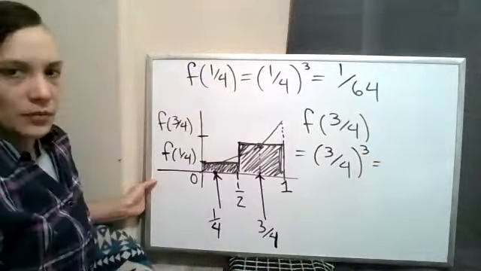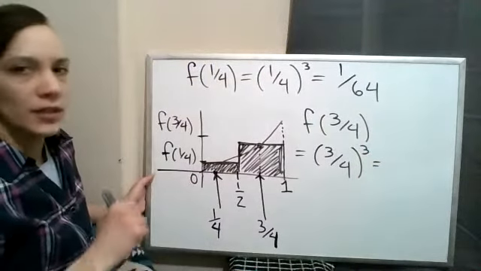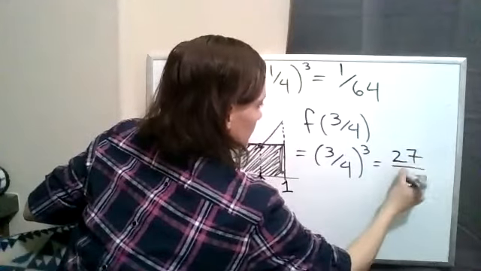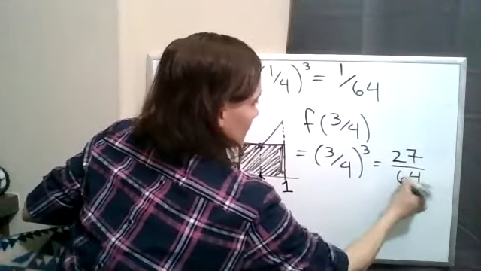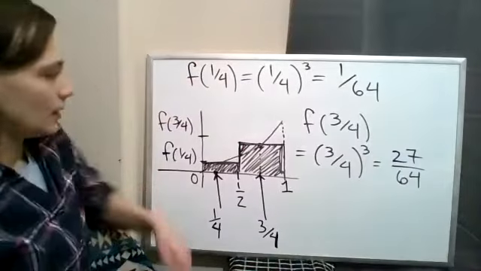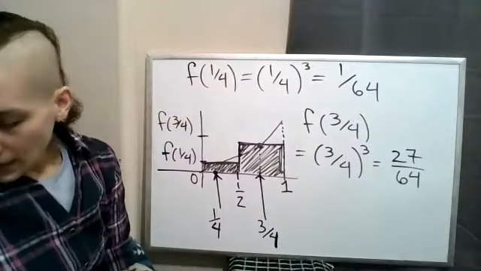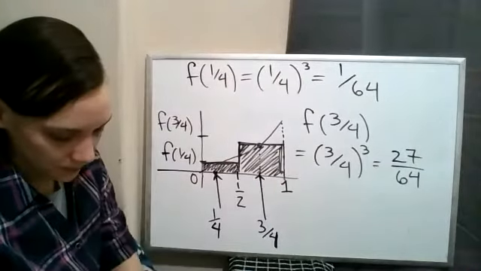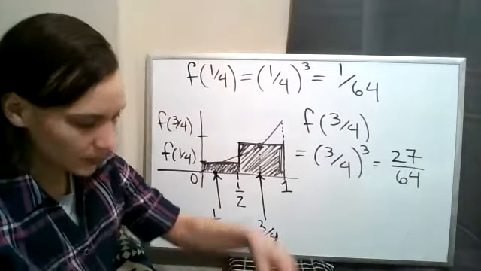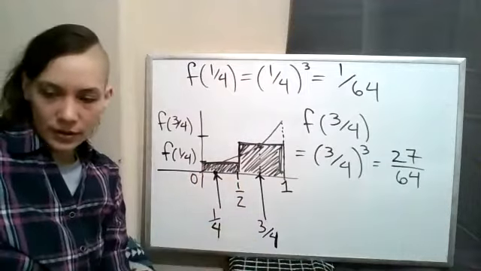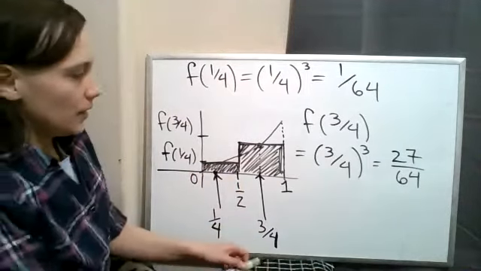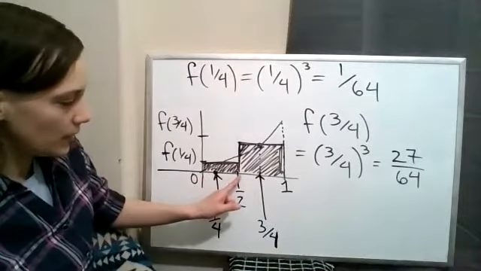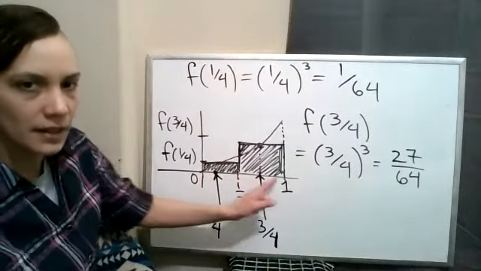So we have 3 cubed over 4 cubed, which is going to be 27/64. And I think I just started to put everything together after that. Yep. So we're going to write that the integral is approximately the area of this rectangle added to the area of that rectangle.